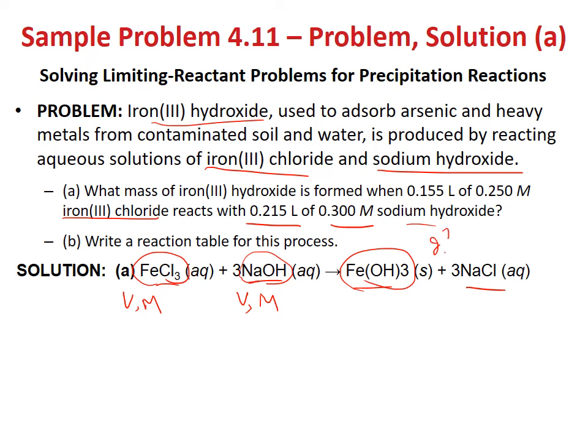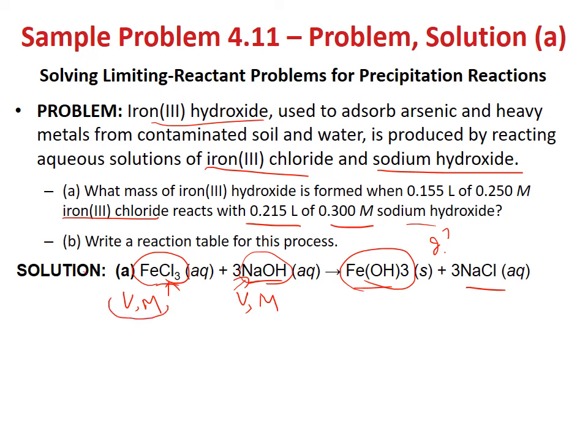Now this is similar to the last question. We know both reactants and we want to calculate the product, and therefore we need to determine the limiting reactant. How do we determine the limiting reactant? We calculate the product from each of them, and the smaller one is the limiting reactant. Using stoichiometry, we first convert to moles.